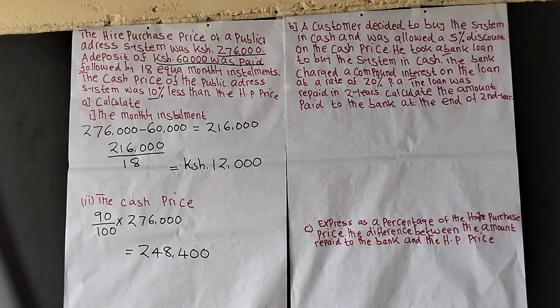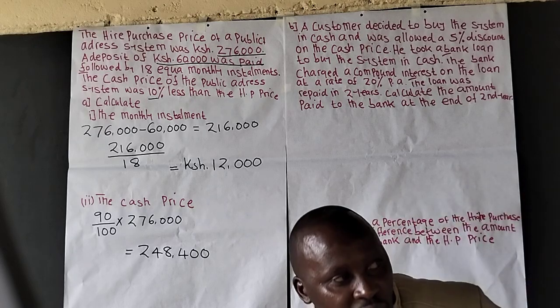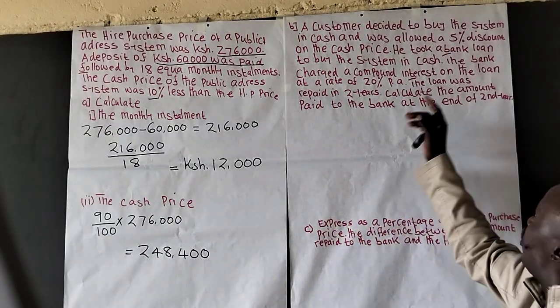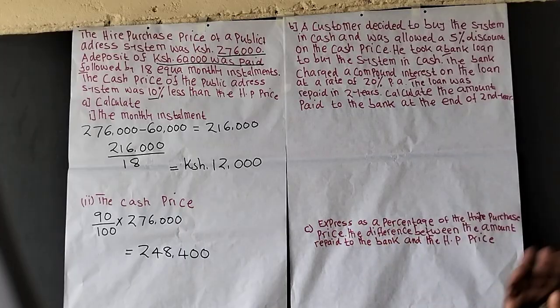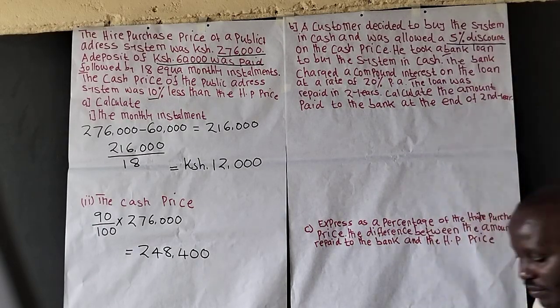Then a customer decided to buy the system in cash. So this customer uses the option of the cash price. He decided to buy the public address system on cash, and was allowed a 5% discount.